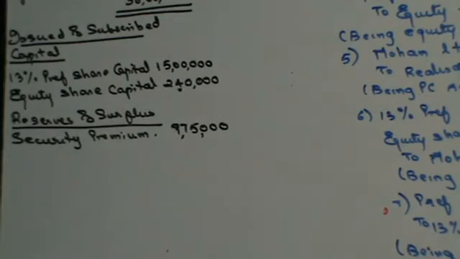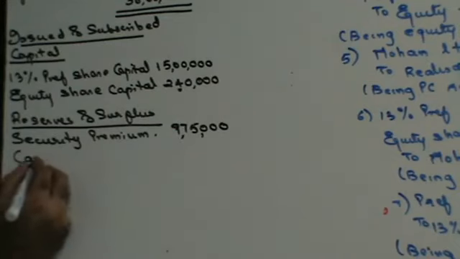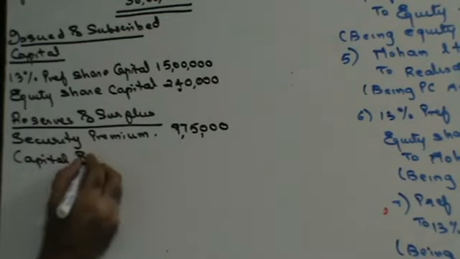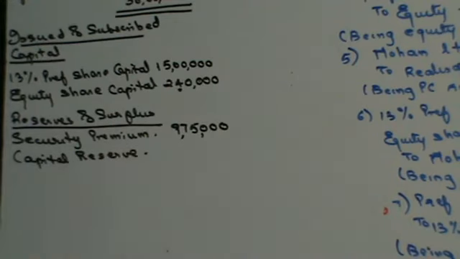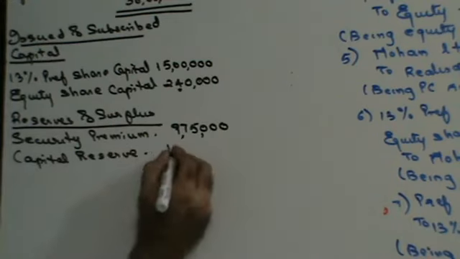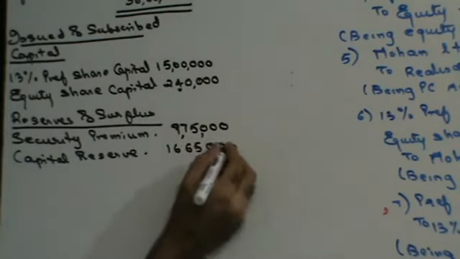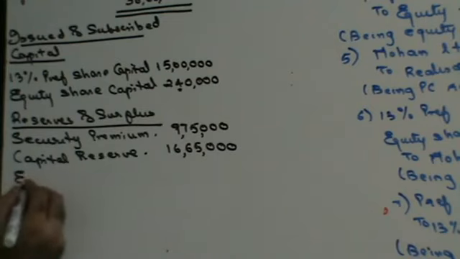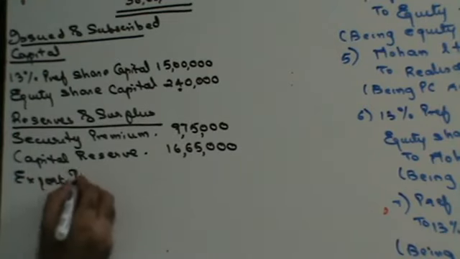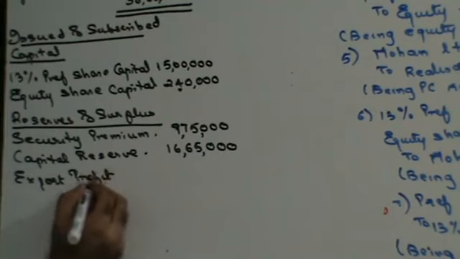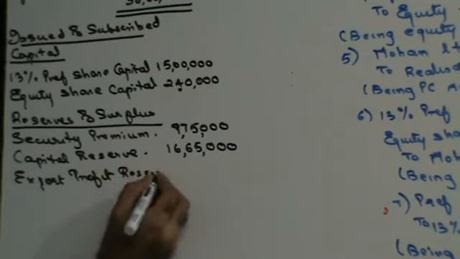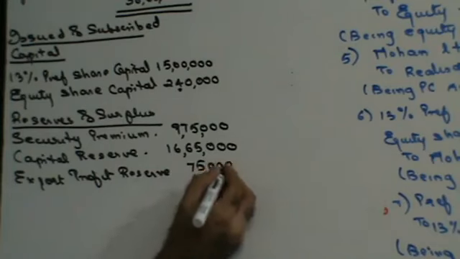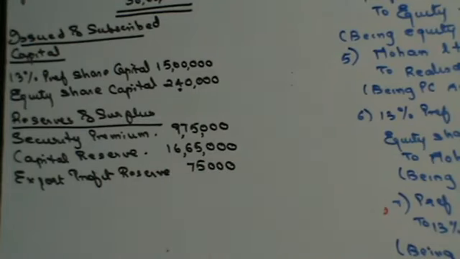Then you will have capital reserve, which is 16,65,000. Then you are also going to have your export profit reserve, 75,000. Those are all the reserves that you have.